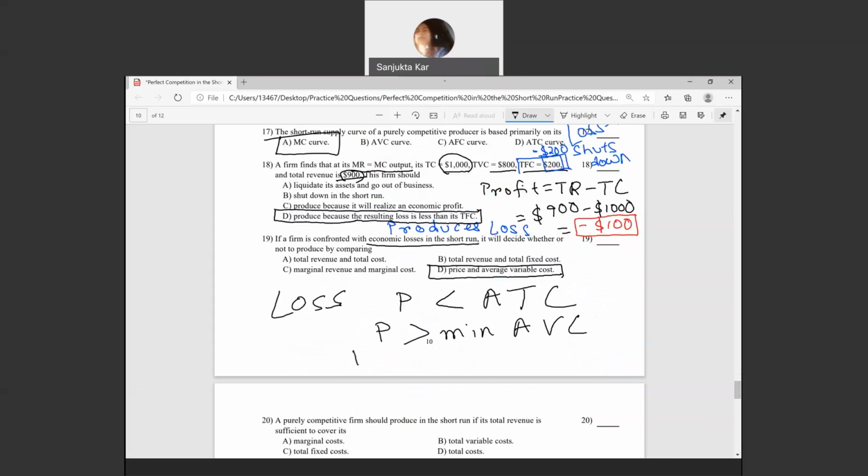If the price is equal to minimum average variable cost, this is called the shutdown point. It can either produce or not produce, and it will definitely shut down if price is lower than minimum average variable cost. Here the farm will produce 0 units of output.